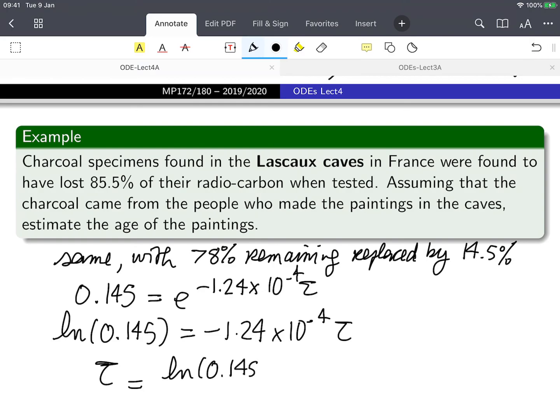One, four, five. Let's see if I can do that one. So I used fractions. Log of 0.145, minus 0.24. Yeah, works.